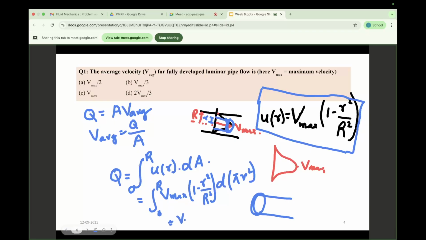So now can we integrate? Yes, because Vmax is constant, it will come out, and the differential of pi r square is 2 pi r dr. So I have kept 2 pi outside, and it is 1 minus r square by R square, into r dr. So now you can integrate easily.